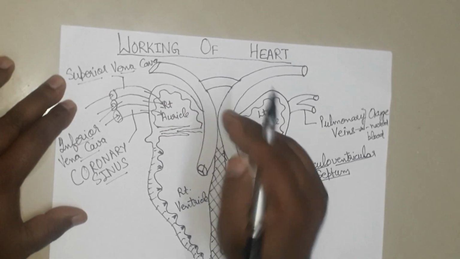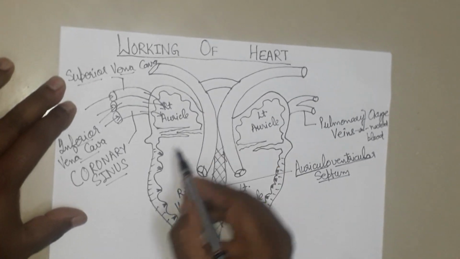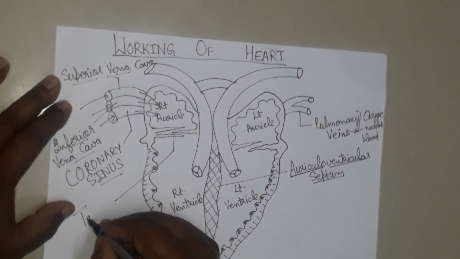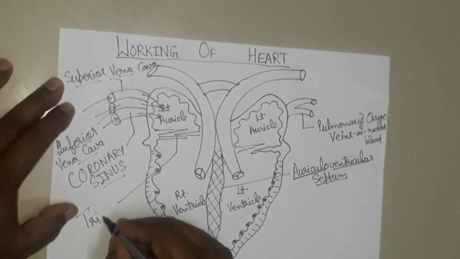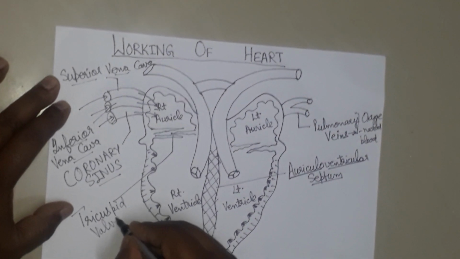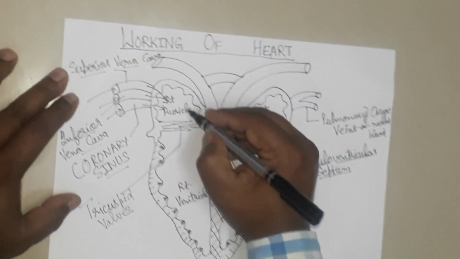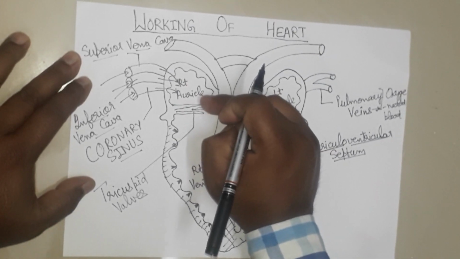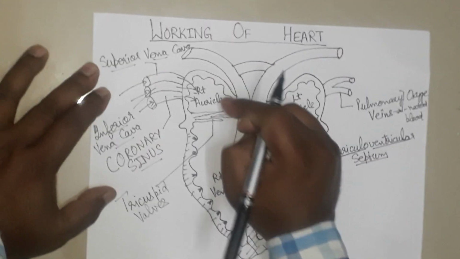When the right auricle is fully filled, then these valves, known as tricuspid valves (tri because they are three in number), are opened by the pressure present in the auricle, generated by the blood.